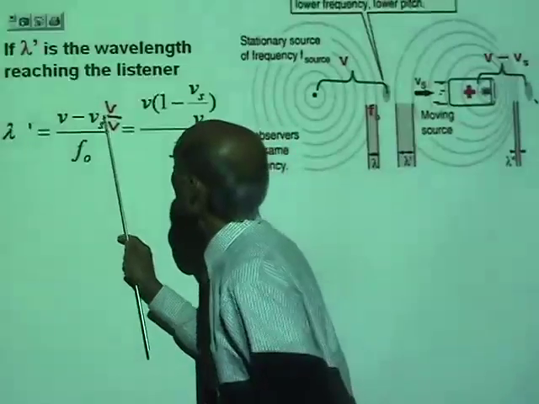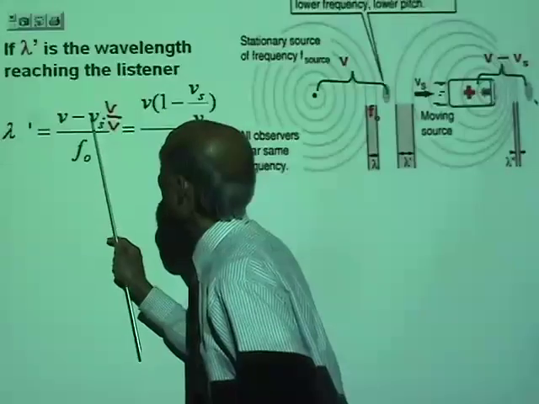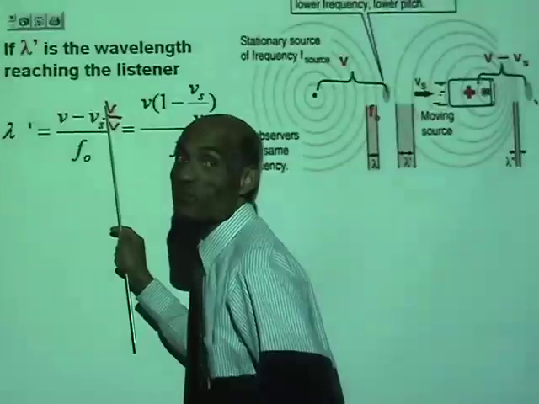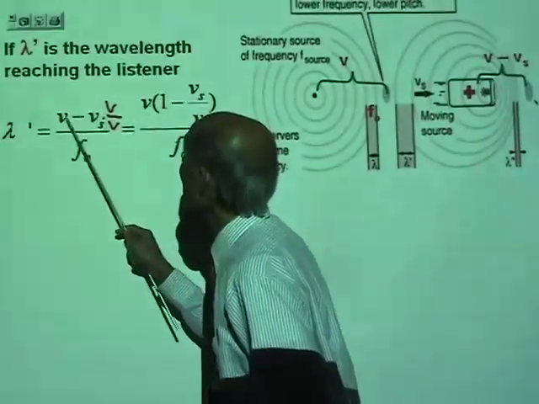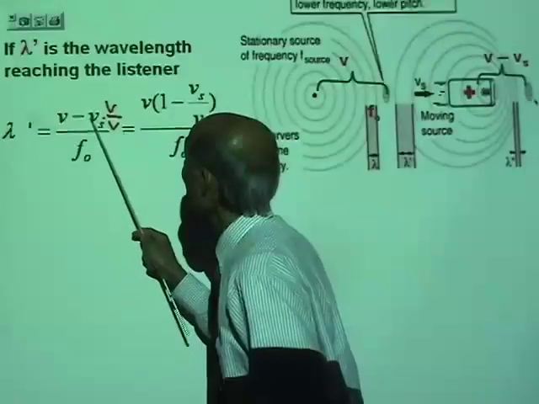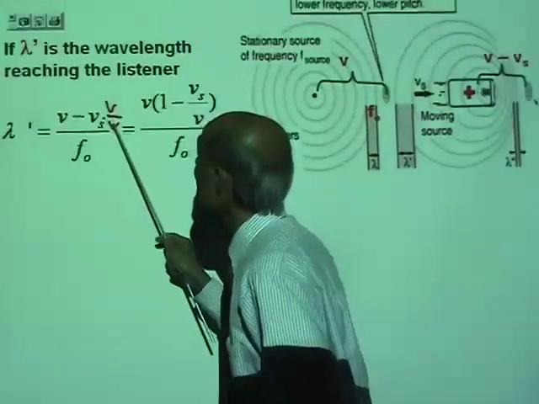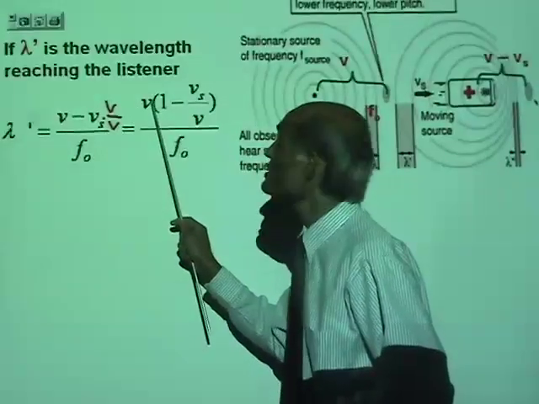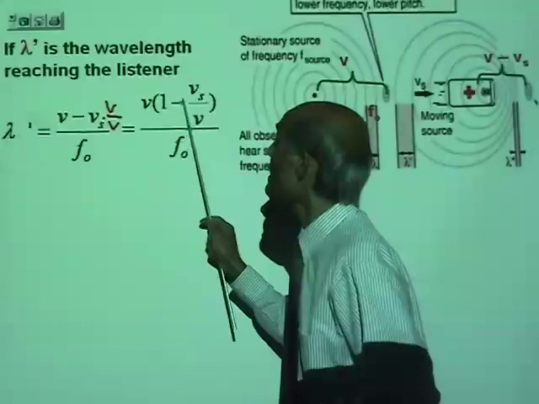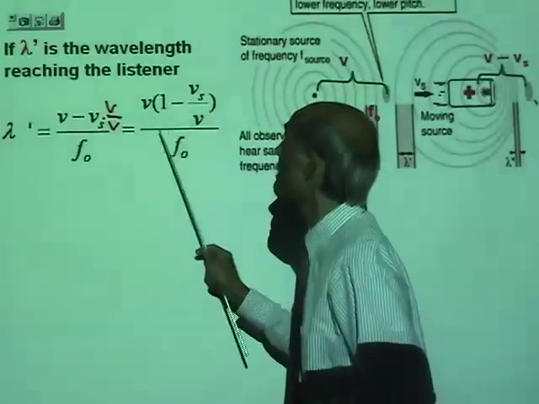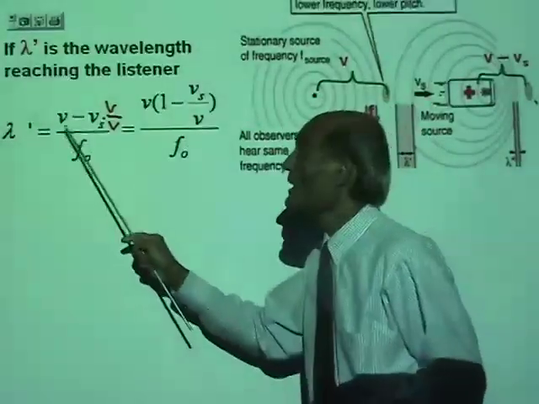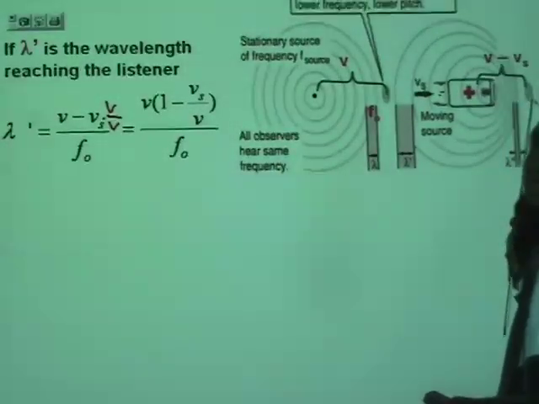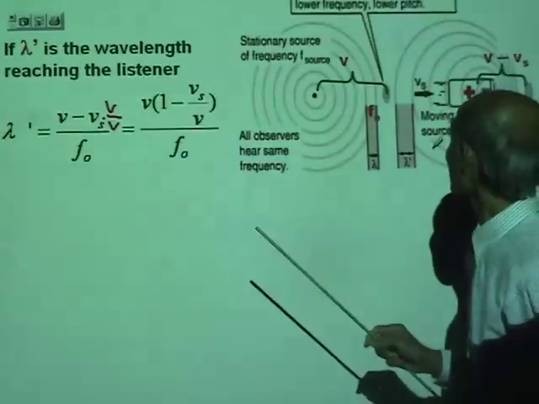That way I created a v that is a common factor. I took it out. What remains here is 1 minus vs divided by v. So v minus vs is the same as v times (1 minus vs divided by v), over f0, and that is the apparent wavelength reaching this listener.